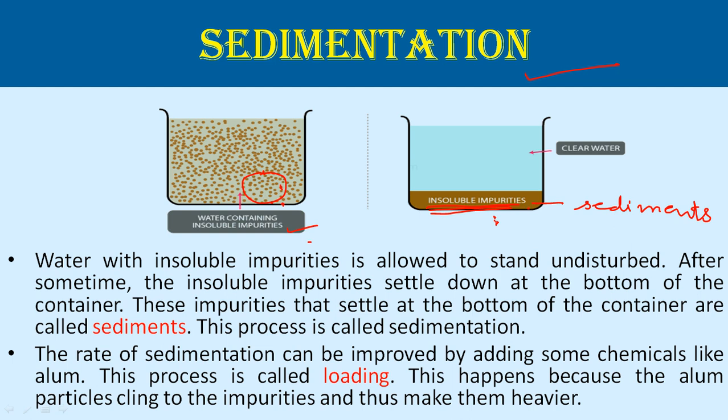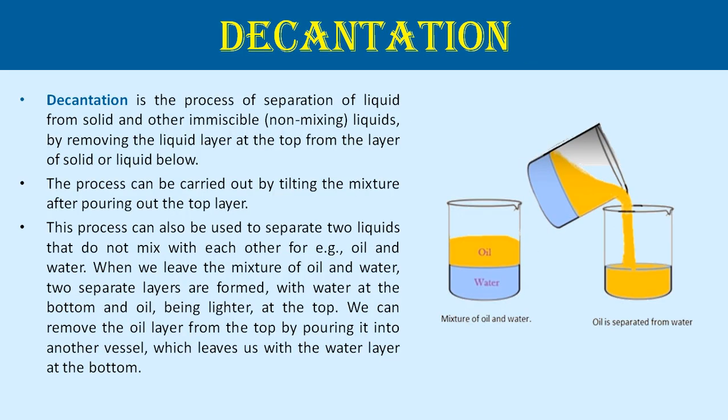The rate of sedimentation can be improved by adding some chemical called alum, and the process is called loading. Why are we adding a chemical like alum? Because the alum particles stick to the impurities and thus make them heavier, and with the help of alum we can remove those impurities very easily.